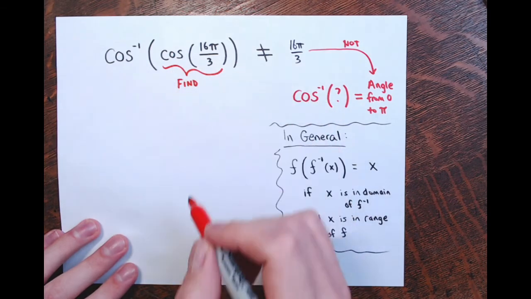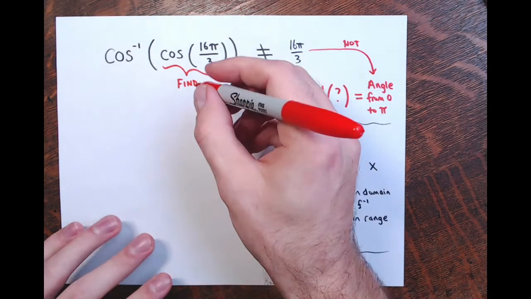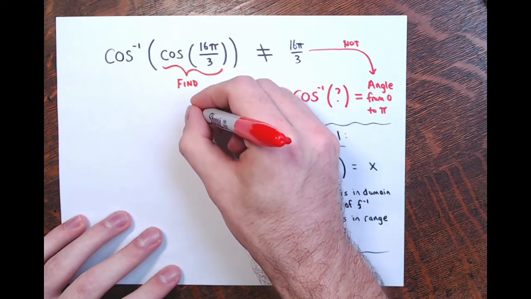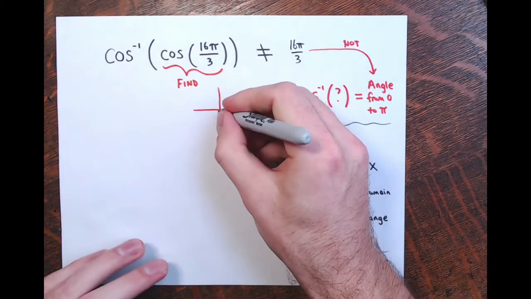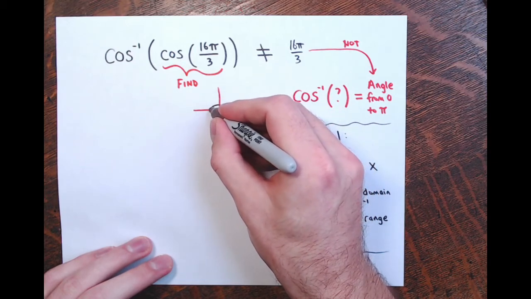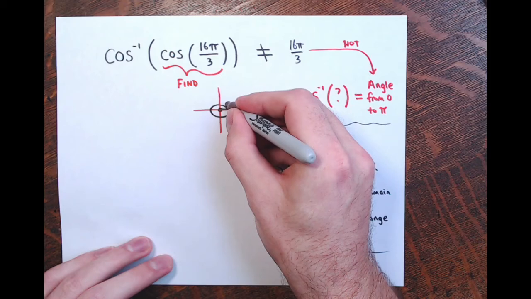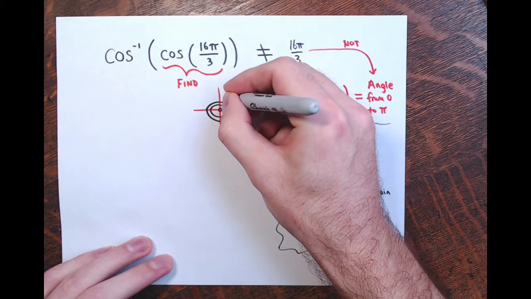What is this value? I'm going to find this value first. What is the cosine of 16 pi over 3? Now, if you don't know what it is off the top of your head, you can maybe draw 16 pi over 3 in standard position. So I'm going to draw the angle, 16 pi over 3 radians. Starting in standard position here, that's 3 pi over 3, 6, 9, 12, and then 15.